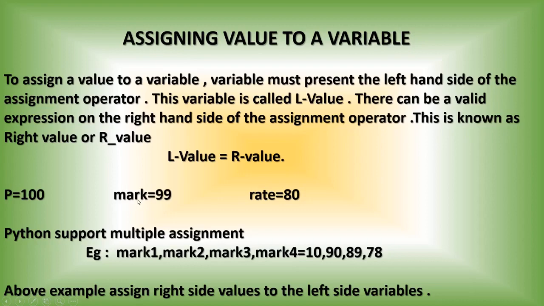This variable must be on the left side of the assignment operator. The variable on the left side is known as the L value. And there can be a valid expression on the right hand side of the assignment operator. This is known as the R value.